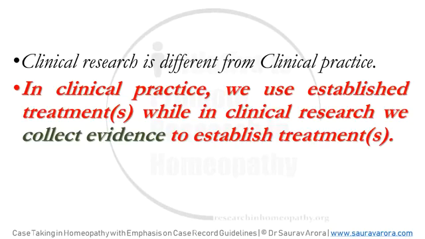But when we report case records, they are kind of clinical research, but without experimentation. So we are all allowed to publish those case records in peer-reviewed journals only with the consent of the patient.